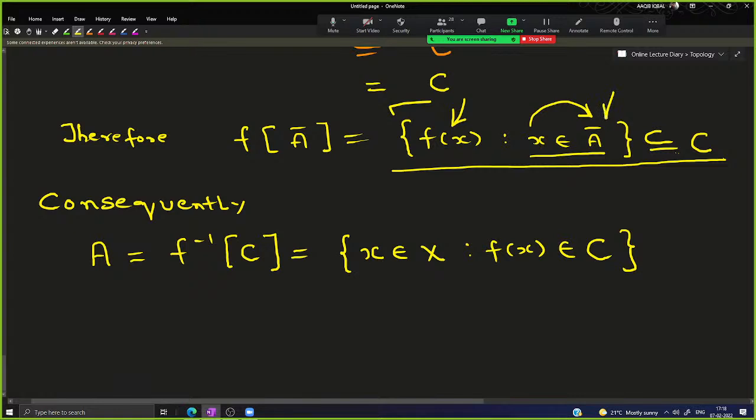This set A closure, because इसके जो elements है उनकी जो f images है, they are members of C, and therefore by this qualifier it follows that this must contain A closure.